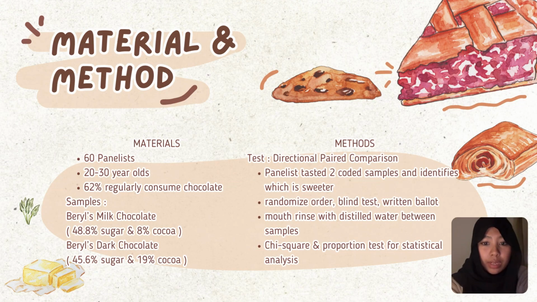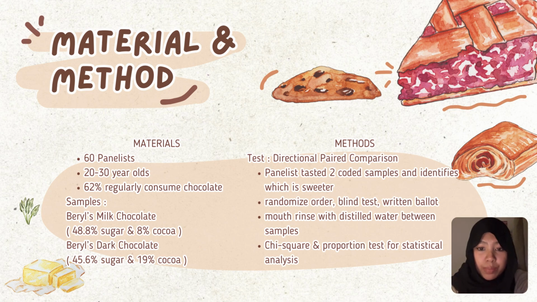In this evaluation, we had a total of 60 panelists, who were mainly university students aged between 21 and 25 years old. A majority of them were regular chocolate consumers, making them very ideal for this test. We used 2 types of chocolates, which are the Barrels milk chocolate and the Barrels dark chocolate.